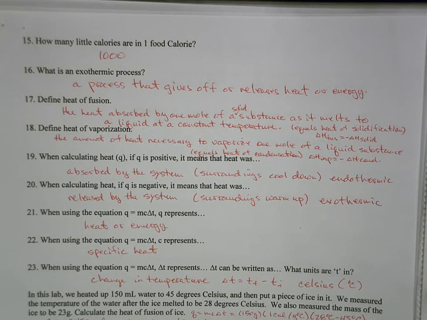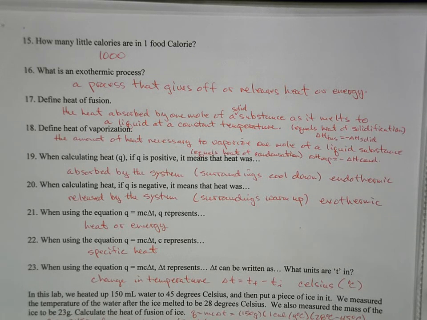Heat of vaporization, amount of heat necessary to vaporize 1 mole of a liquid. And again, heat of condensation, same as the heat of vaporization, but a negative sign because it's got to lose heat to condense. Gains heat to vaporize.